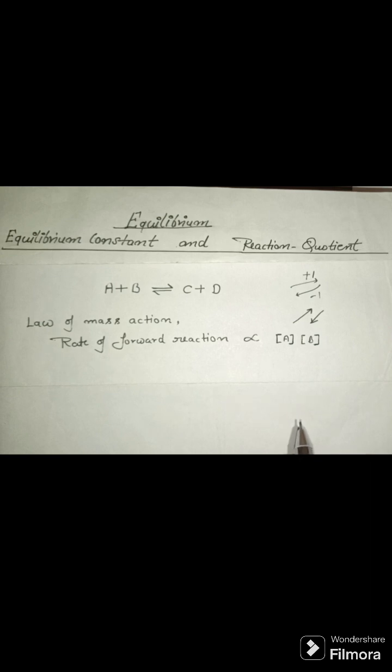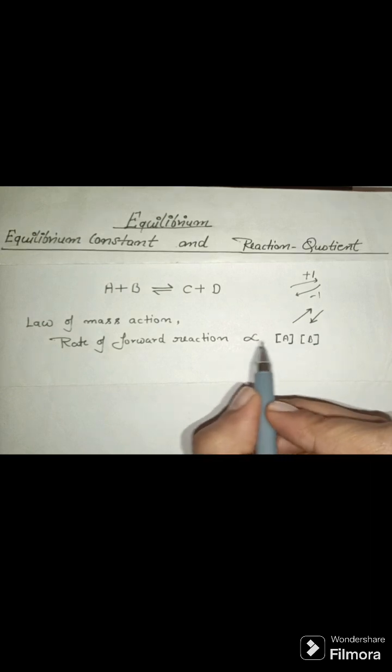You can call that the concentration of A and concentration of B, but actually it is not the concentration. It is the concentration that is actively participating in the reaction, so it is called active mass. That is another topic you will learn about later on.